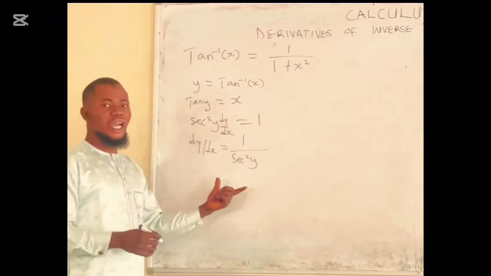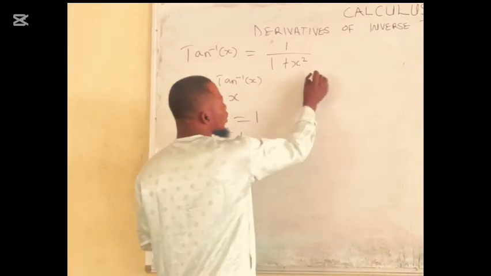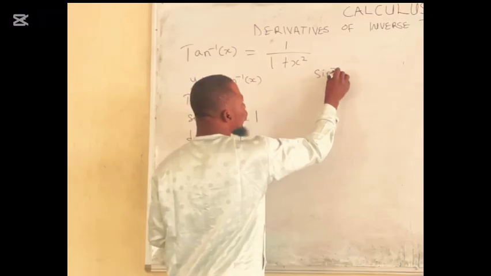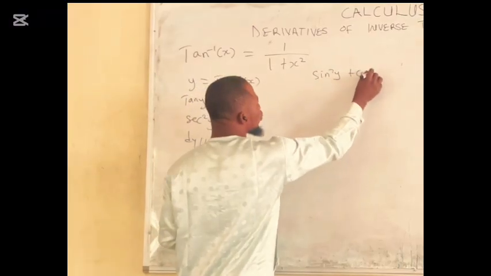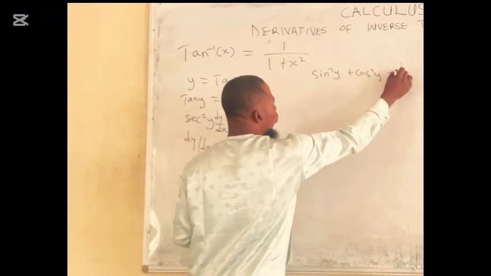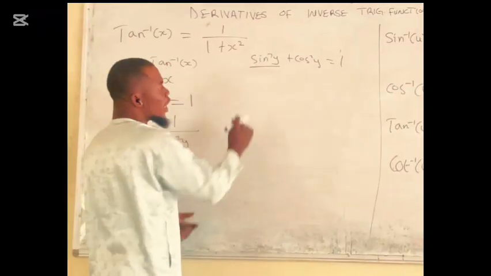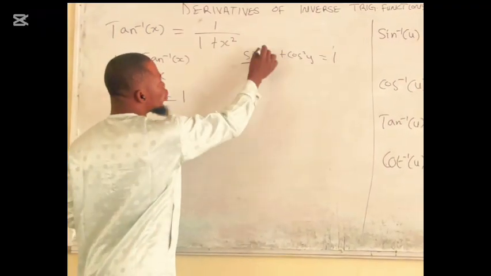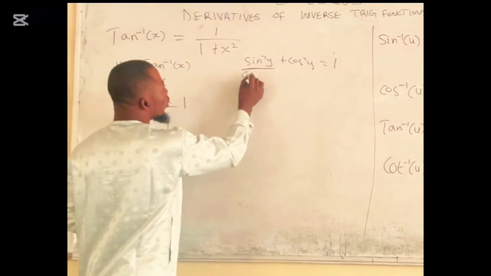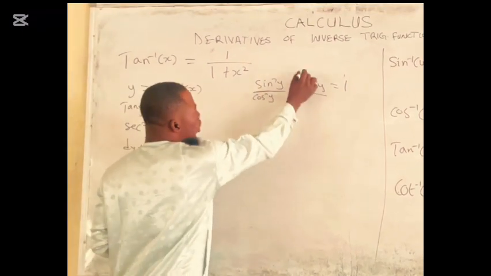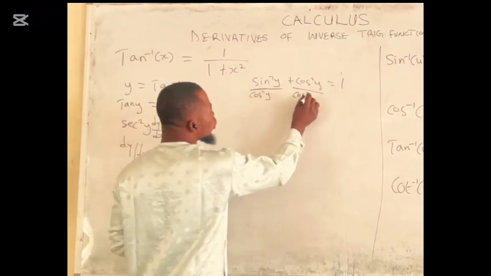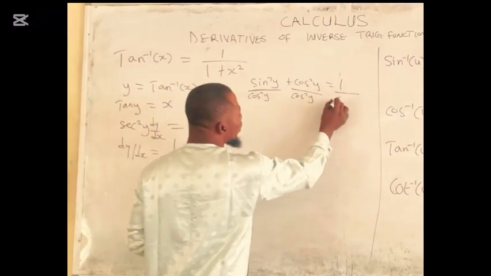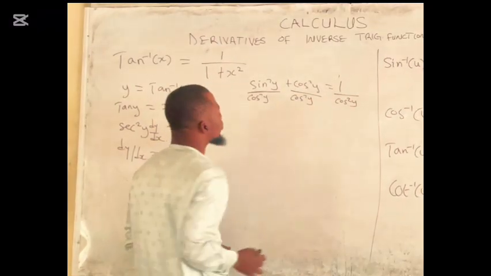Then going to the trig identity, we know that sine squared y plus cos squared y equals 1. We'll divide through by cos squared y. So from here, sine squared y divided by cos squared y, plus cos squared y divided by cos squared y, equals 1 divided by cos squared y.